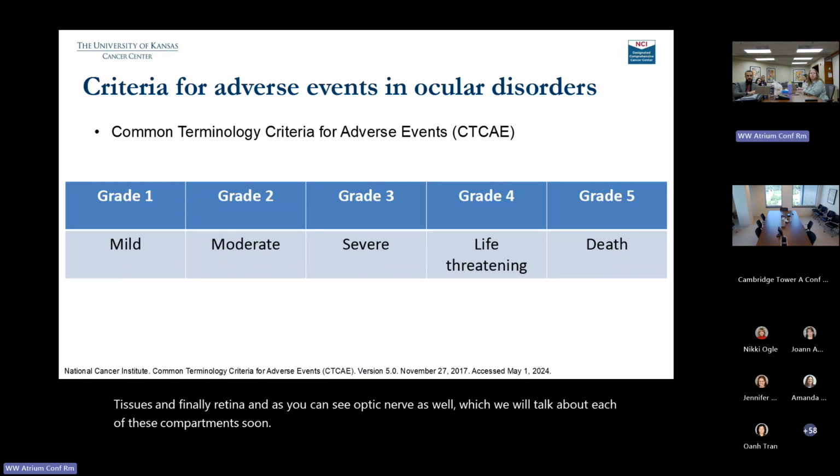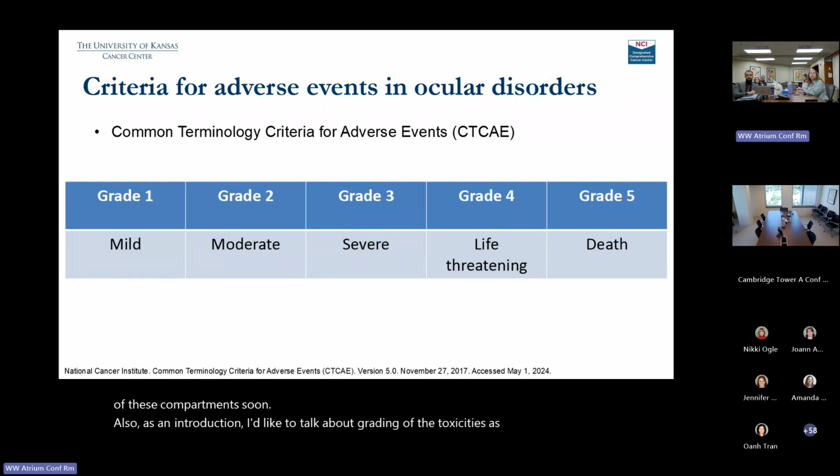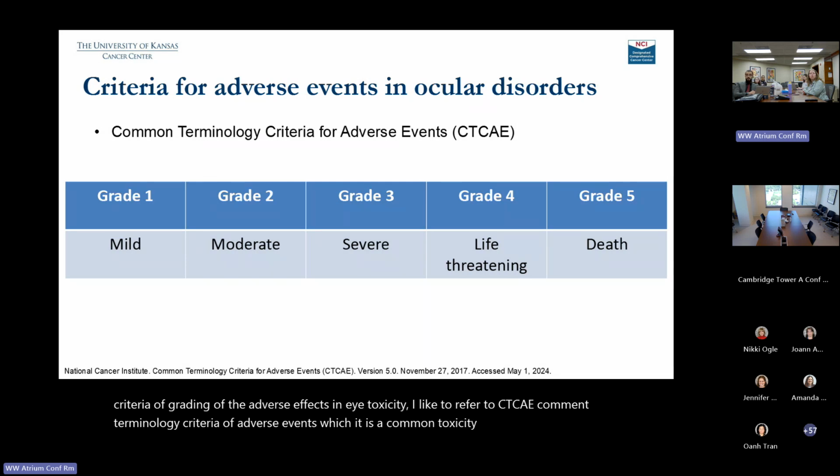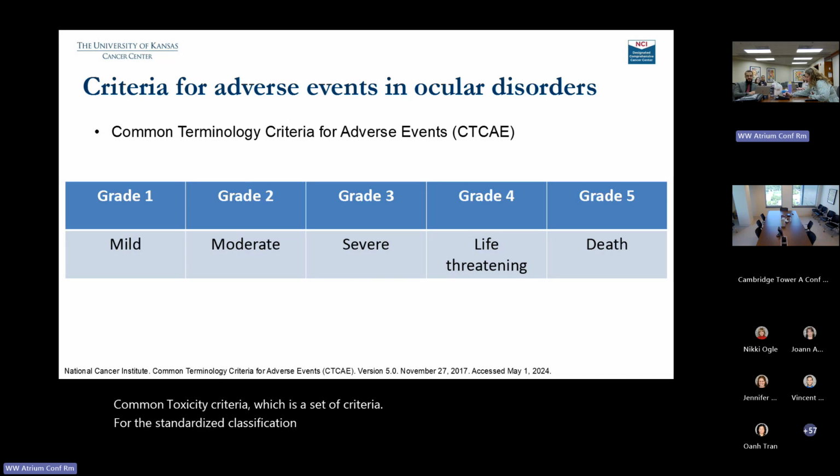Also, as an introduction, I'd like to talk about grading of the toxicities as well. Regarding criteria for grading of adverse effects in eye toxicity, I'd like to refer to CTCAE, Common Terminology Criteria for Adverse Events, which is a set of criteria for the standardized classification of the adverse effects of drugs, which we use in cancer therapy.